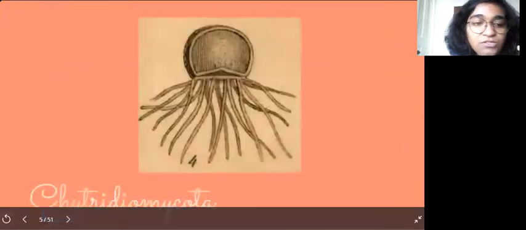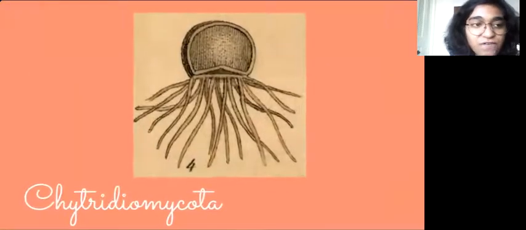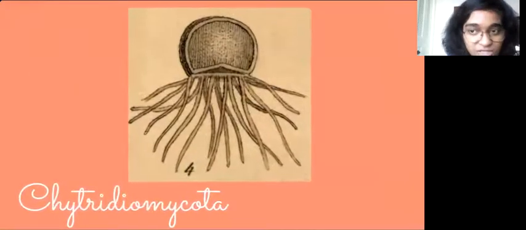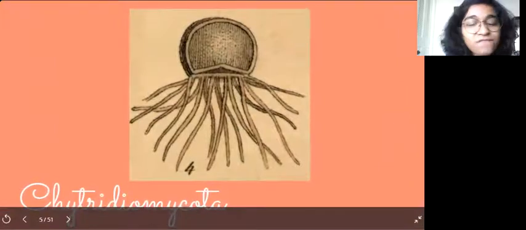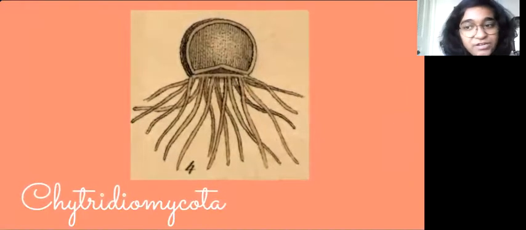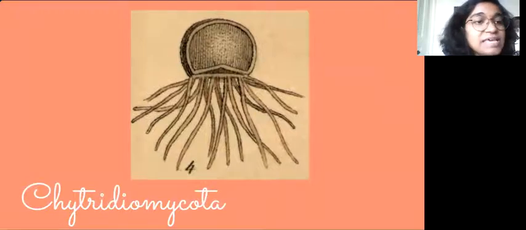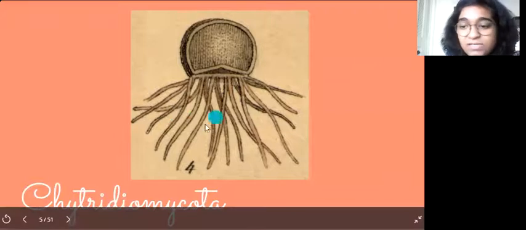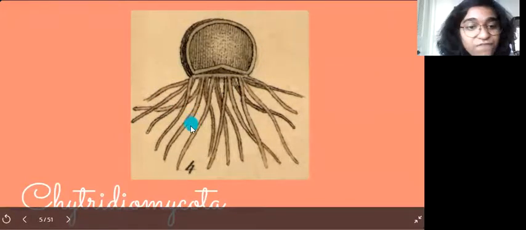Let's move on to our first categorization of fungi, which is the Chytridiomycota. The phylum Chytridiomycota, the chytrids, represent a group of primitive aquatic fungi. They are characterized by having reproductive cells that can move themselves by using whip-like tails, which are called flagella.